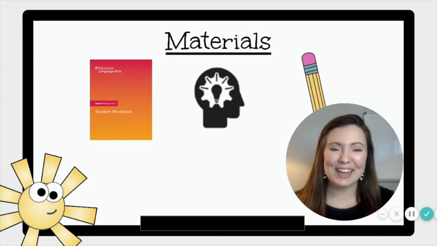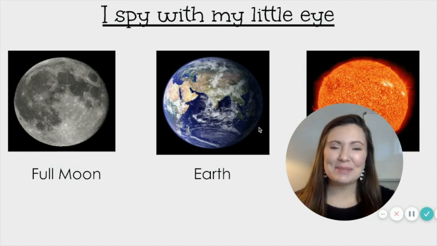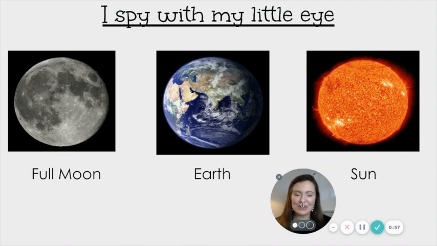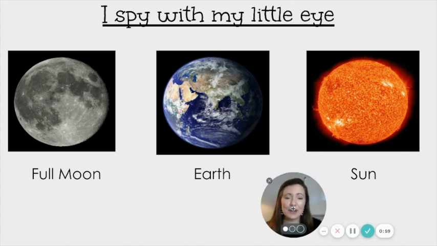Okay, let's get started with a little game. We've played this game before. I spy with my little eye. I'm going to give you a clue, and then you are going to see if you can guess which object on the screen I spy.